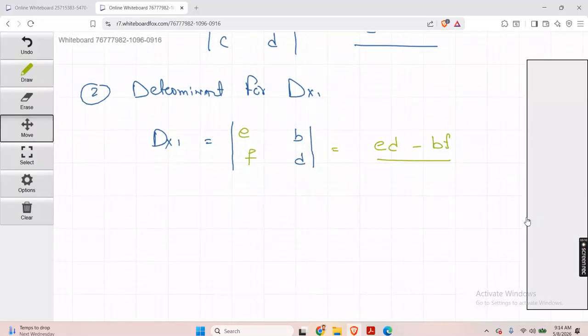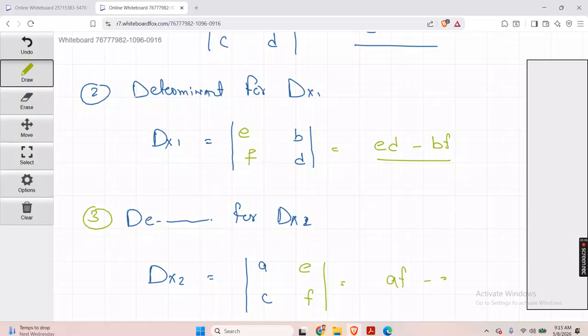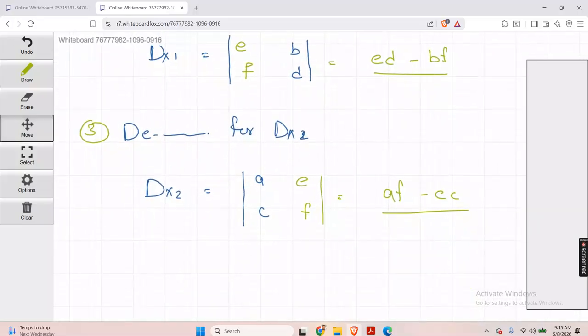Then the third one, determinant for dx2. So you will write here dx2, a c will come here the same. Now this column will change, e f. So af minus ec, you will get the third determinant.